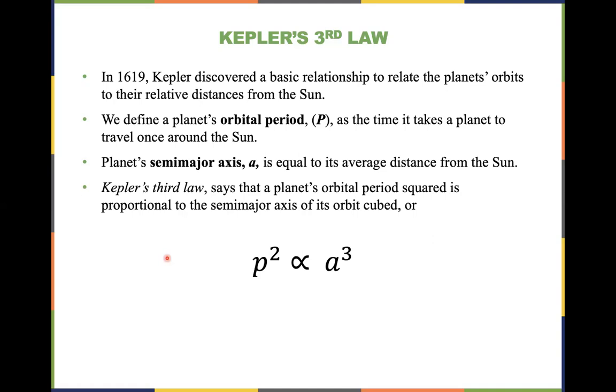This is still valid. So Kepler's third law says that the planet's orbital period squared is proportional to the semi-major axis of its orbit cubed. Make sure that you remember this law. You have to remember it.